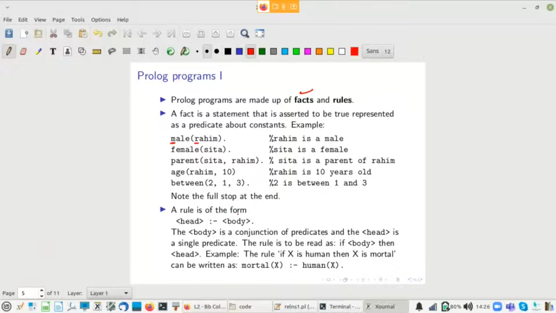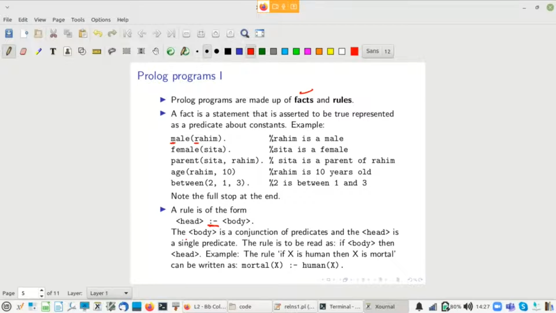The second form, which actually is the one which allows you to do actual interesting calculations, is a rule. And what is the rule saying? A rule is something which looks like this. It has a head and a body, with colon dash, a colon followed by a dash, as an implication symbol.